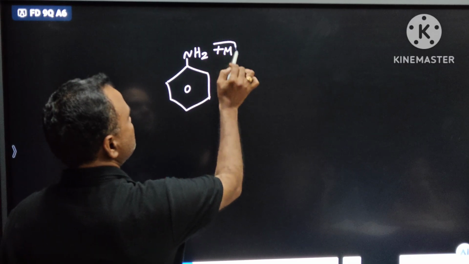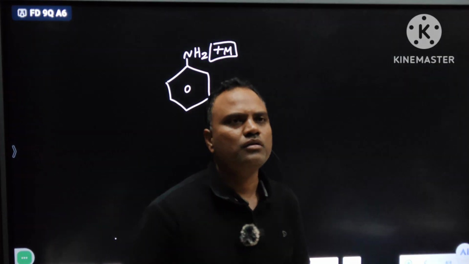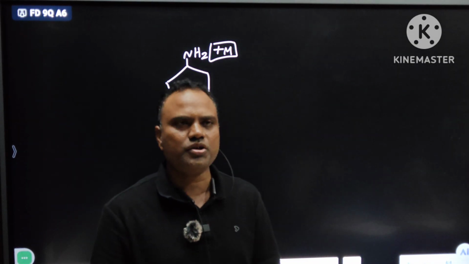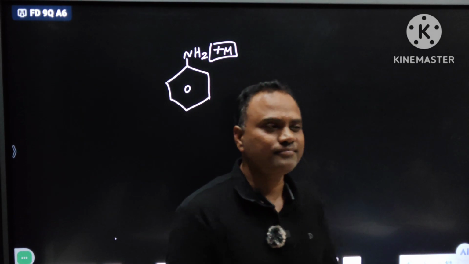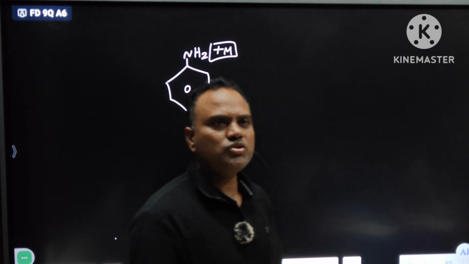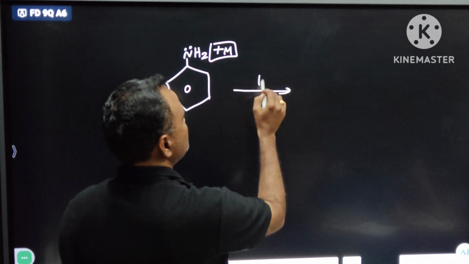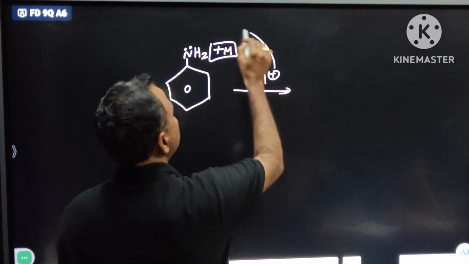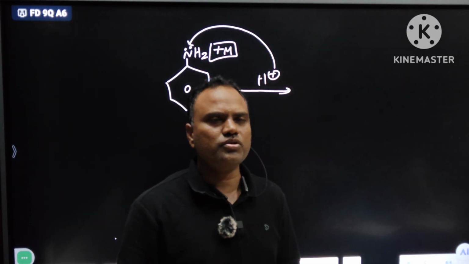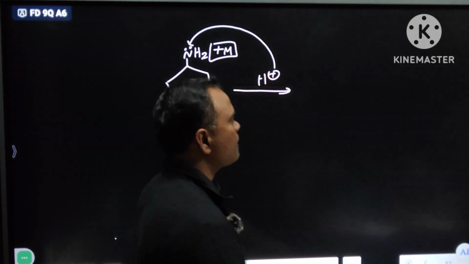What is its nature? Plus M group. NH2 is a plus M group. To do nitration, we have to use the nitration mixture. In the nitration mixture, acid is present. So protonation takes place. Nitrogen contains a lone pair. Immediately protonation takes place. Nitrogen donates its pair of electrons to H+, which comes from the acid.